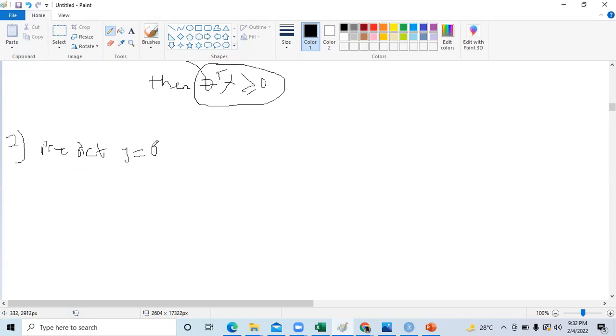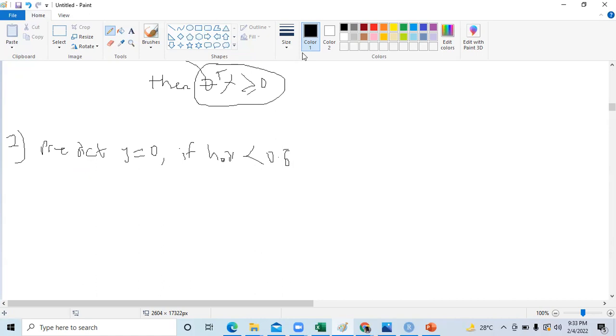So if we predict that y equals 0 this time around, if h of x is less than 0.5, right?